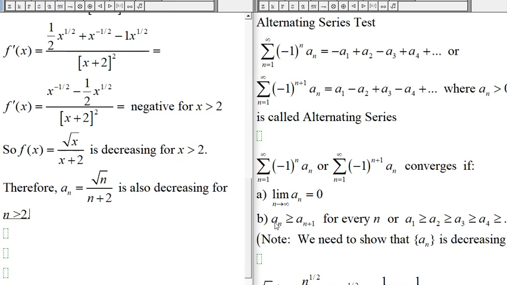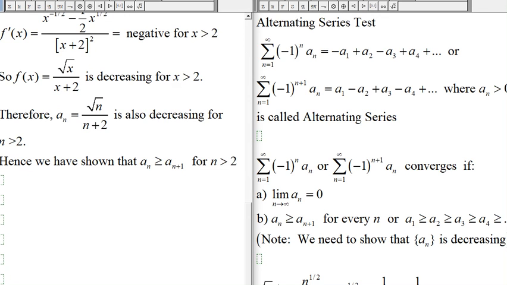And therefore we have shown that a sub n is decreasing for n greater than 2.